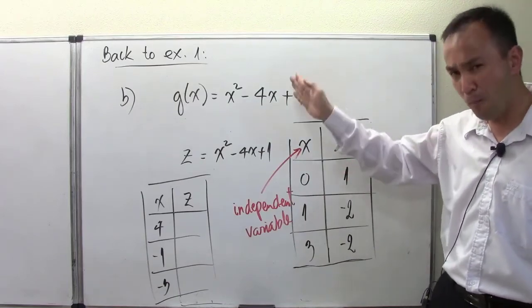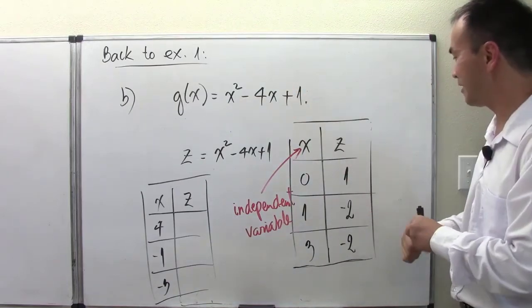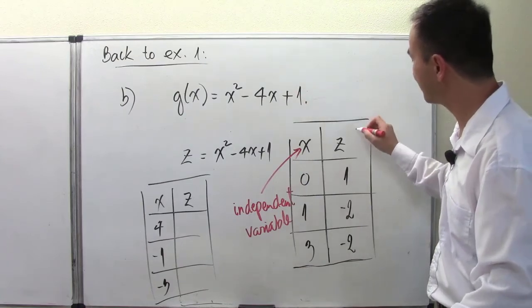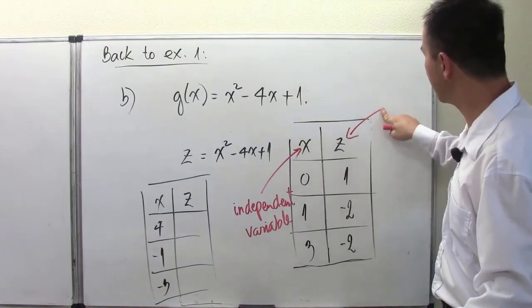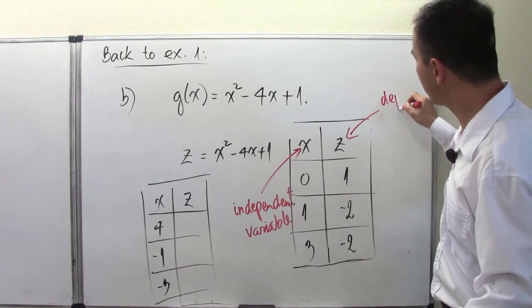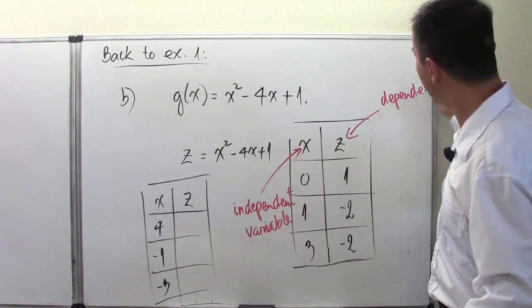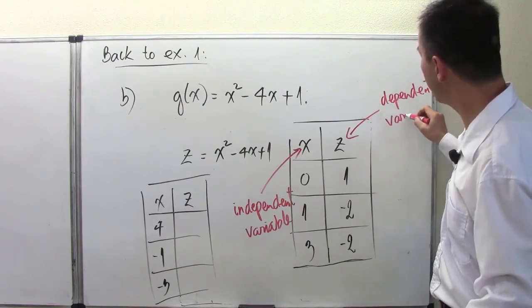So the output is very commonly regarded as the dependent variable.